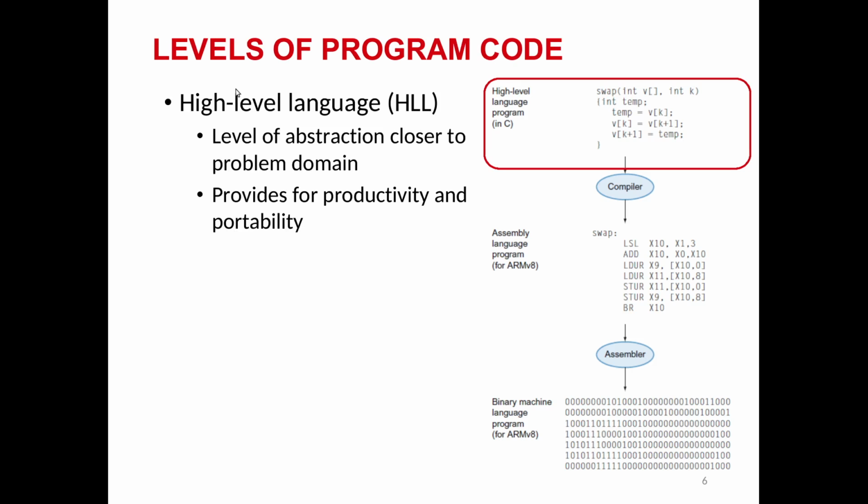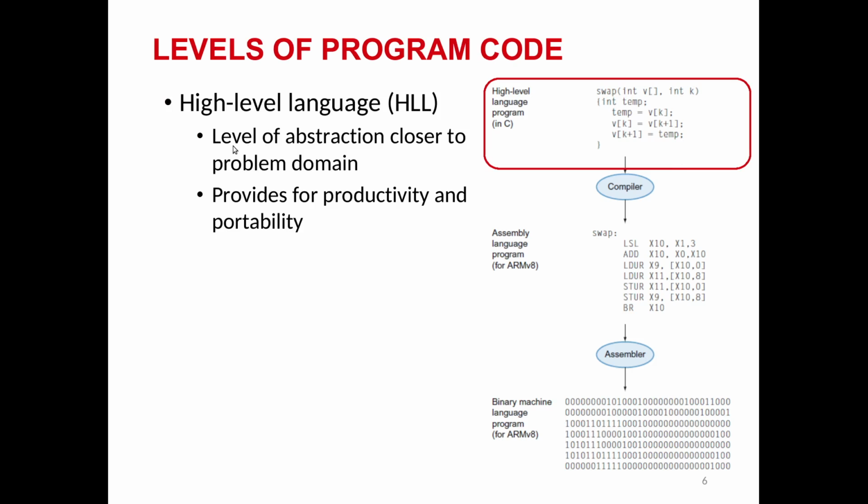So here are the levels of your program code. At the highest level, you have a high-level language, or HLL. It is written in a manner that is close to human language.